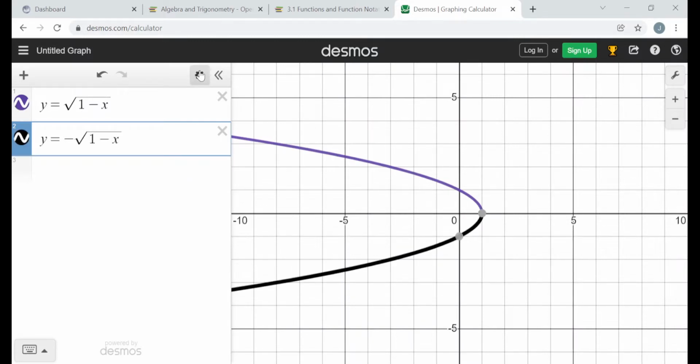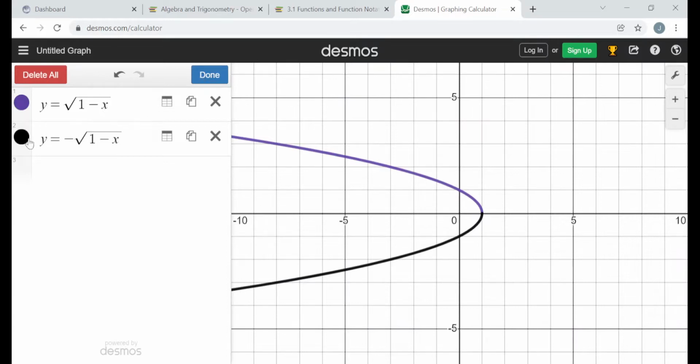Now I should make them the same color because they are part of the same graph. So let's make them both purple. And there's your graph, and definitely it does not pass the vertical line test. For any value of x less than 1, you're going to be hitting the graph twice. So y is not a function of x here.